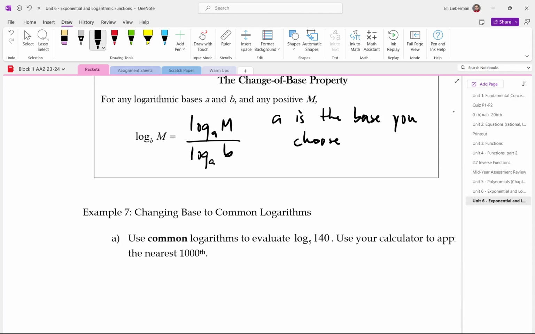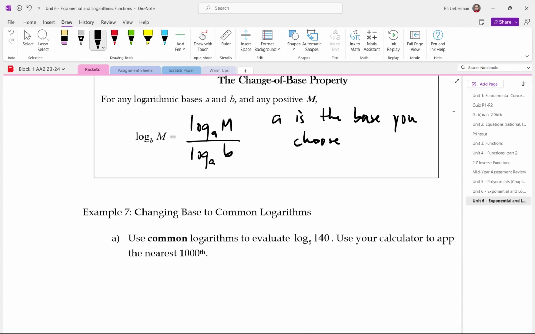Now, how can we remember that the M is on top and the B is on the bottom? Because B is the base. It kind of mimics the original position. B is down here, M is up here, so log base A of M over log base A of B.